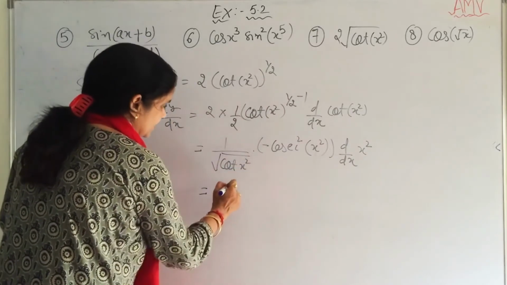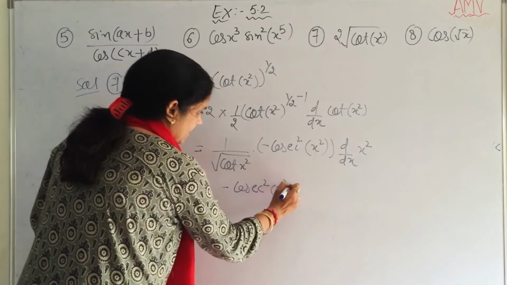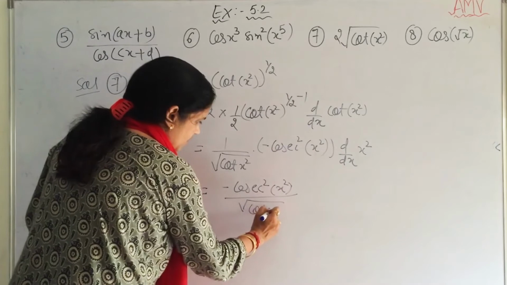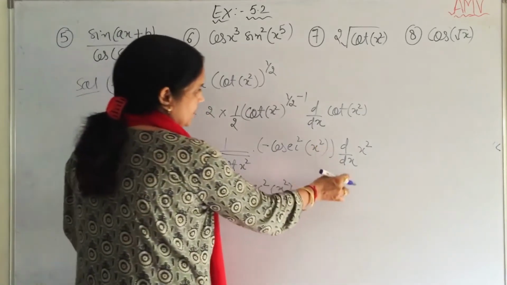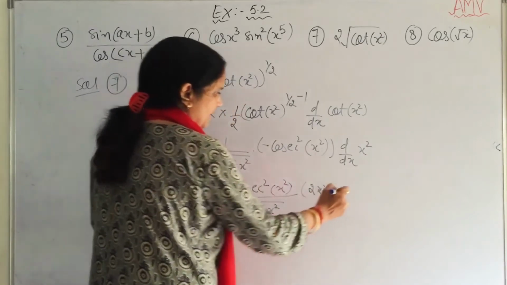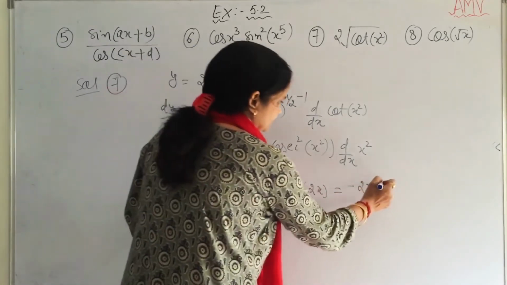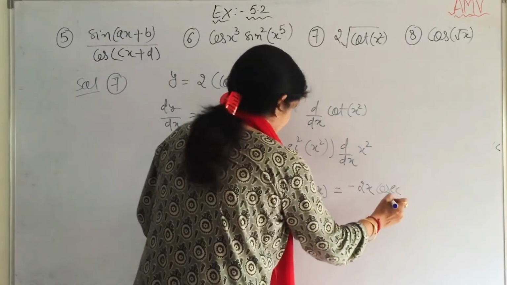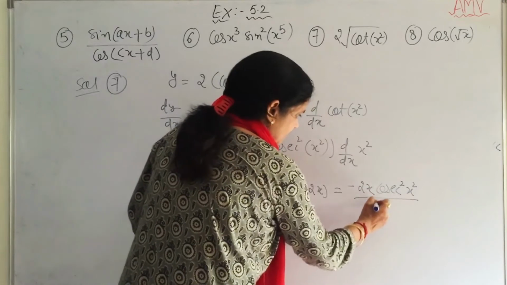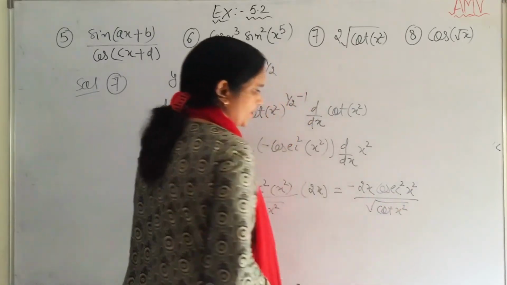So you will get minus cosec square x square, here root cot x square, and the derivative of x square is 2x. So the final answer is minus 2x cosec square x square, and here root cot x square.